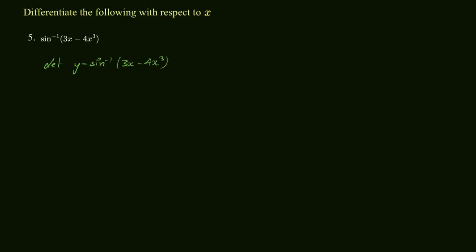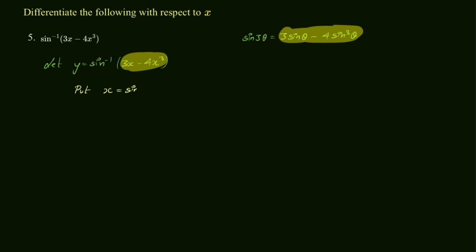See, we had one formula, direct formula, that is sine of 3 theta, that is 3 sine theta minus 4 sine cube theta. So if you see that this particular expression and this particular expression is somewhat similar, that's why we will put x as sine theta.